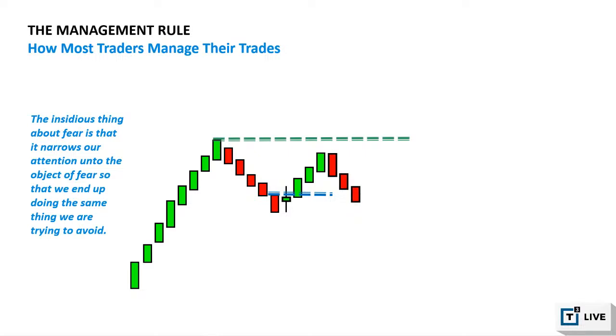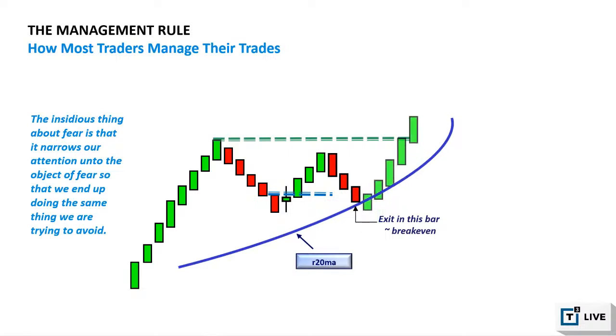But you weren't able to hold, and ended up getting out late. Or if you wanted to hold but didn't hold, you made a mistake. You didn't wait for the pivot in this case. So when you said you were going to hold, you weren't able to hold. And when the trade made money available to you, you didn't take it.